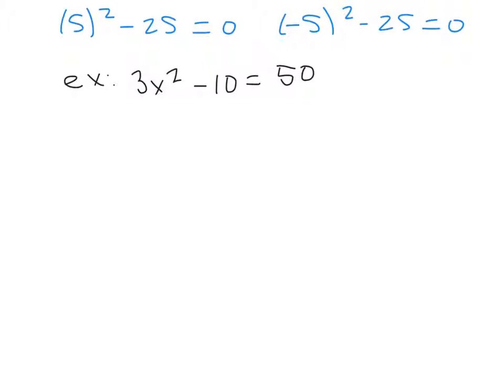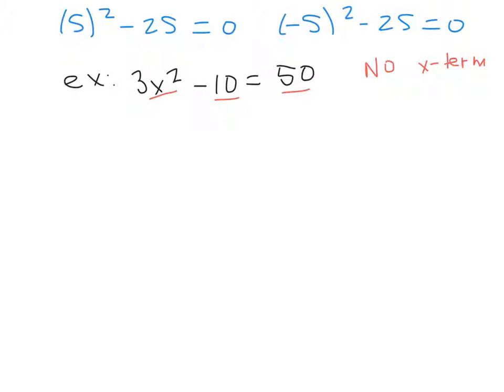Okay, look at this example. Again, the key that we're going to be able to use the square root property is that there is no x term. So no term in the quadratic equation that has just an x. We've got an x squared, and then we have constant terms, but we don't have an x term.